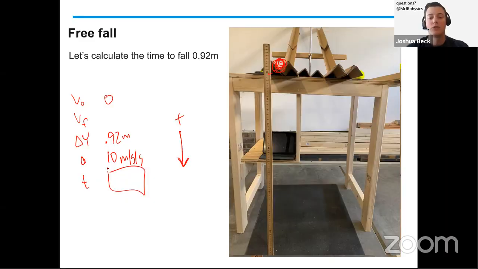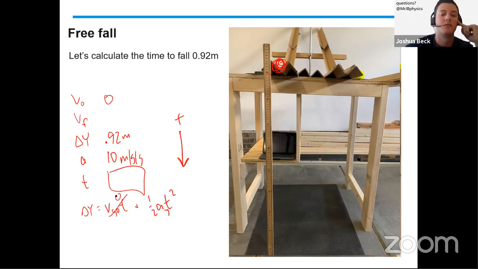So I'm going to pick one of my kinematics equations. It'll be written as delta x, but I can use delta y equals Vy initial t plus one half a t squared. Now my initial y velocity is going to be 0, so this just becomes 1/2 times my y acceleration, which is 10, times t squared, and the distance is 0.92.